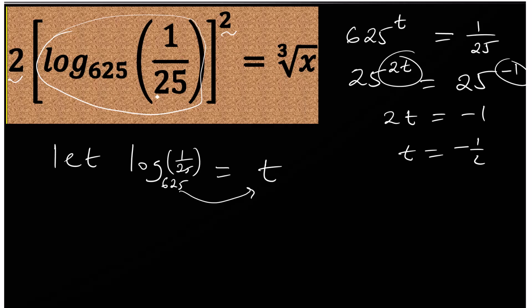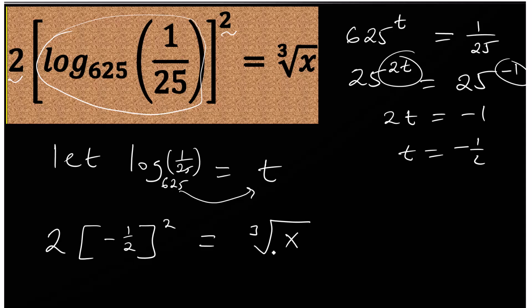Okay, so from here we can say that 2 times minus half squared equals cube root of x. So we have to square this one before we double it.